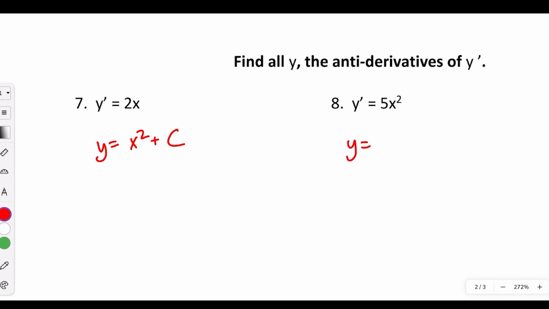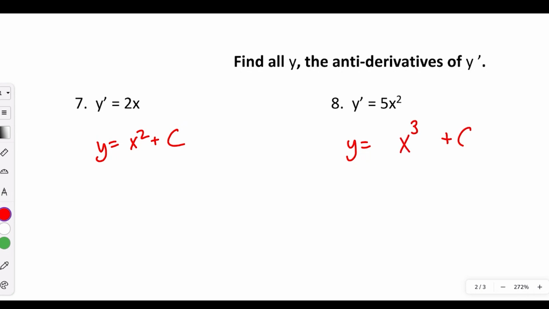Right, so when you execute the power rule, the exponent only decreases by 1. So if you're going to work that backwards, the exponent needs to increase by 1. So what does the exponent have to be? 3.